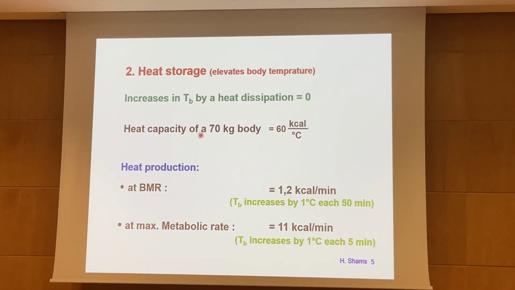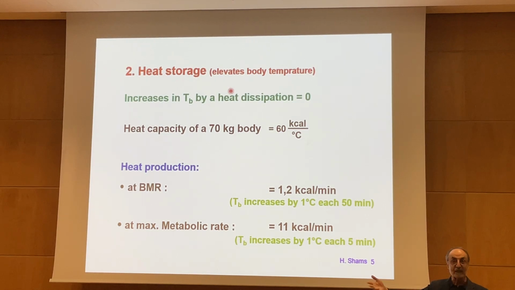And now look, at the maximal metabolic rate, if we work very hard, then we produce 11 kilocalorie per minute, and it takes 5 minutes to have 60 and raise the body temperature by 1 degree. Every 5 minutes, your body temperature will rise by 1 degree if there were no heat dissipation during maximal work.